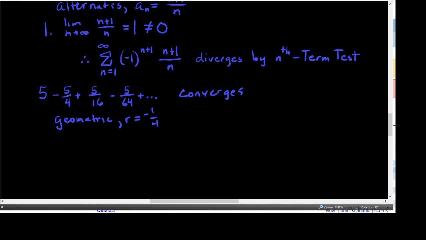Okay, so the sum is, if you add up all the terms of that series, infinitely many things.